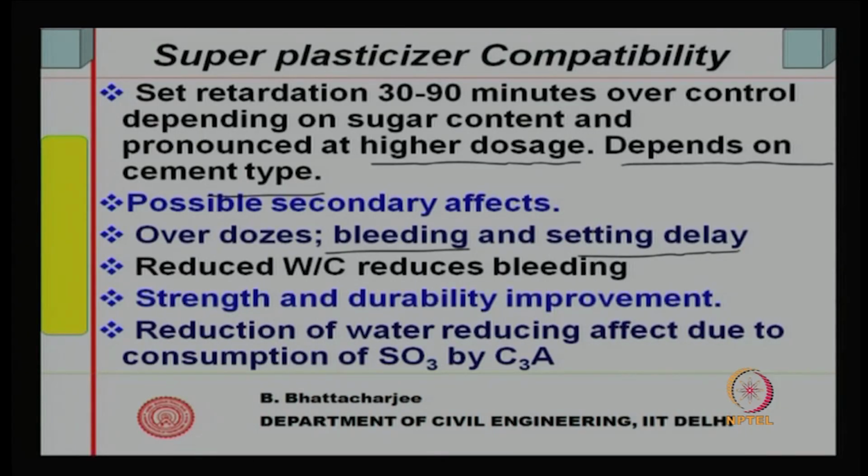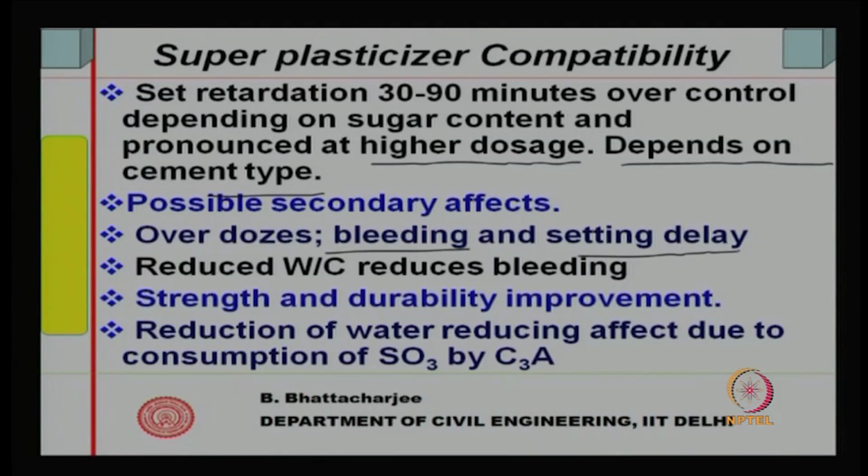Because it is a sulfonated compound, if you recall, SO3 sulfonation was done. So, you will have sodium plus and SO3. Sodium goes into solution, SO3 ensures that it is negatively charged. Your superplasticizer is negatively charged and it can get absorbed, but supposing the SO3 is consumed by C3A, excess C3A being present in the cement, then reduction of water reducing effect could be there.